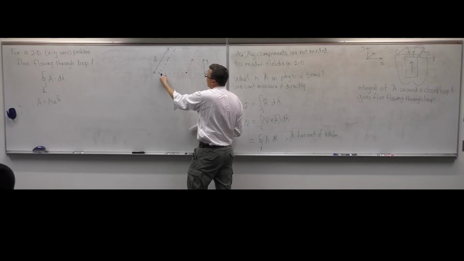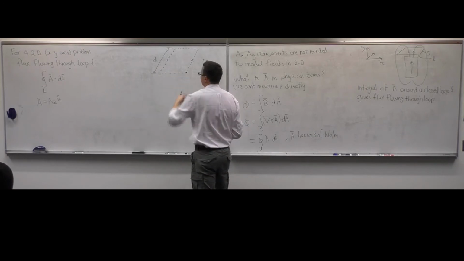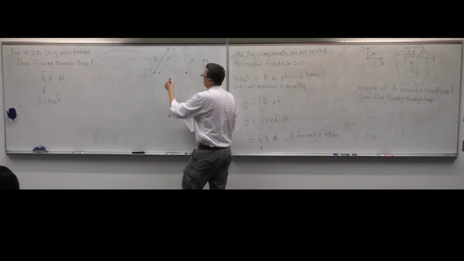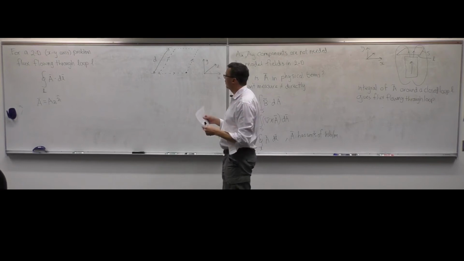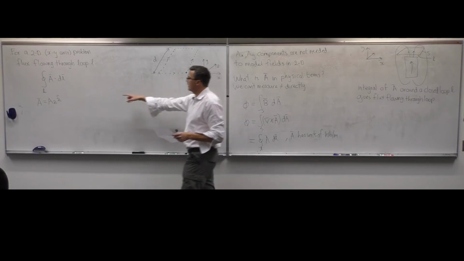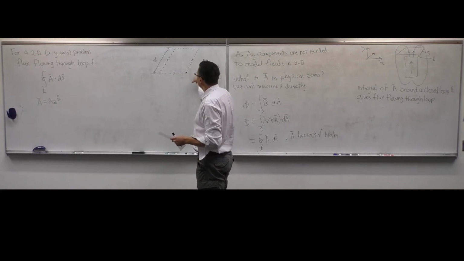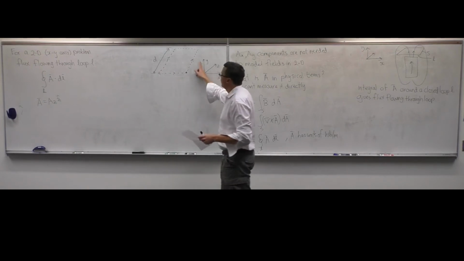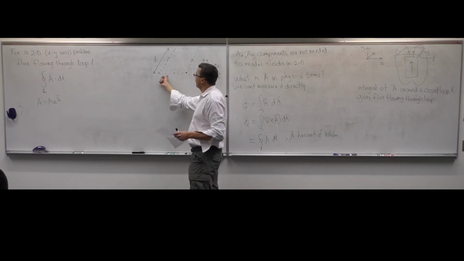what would be the value of AX going along the X direction? There is no AX. This is 2D. We only have an AZ term going into the board. We don't have an AX or an AY term.